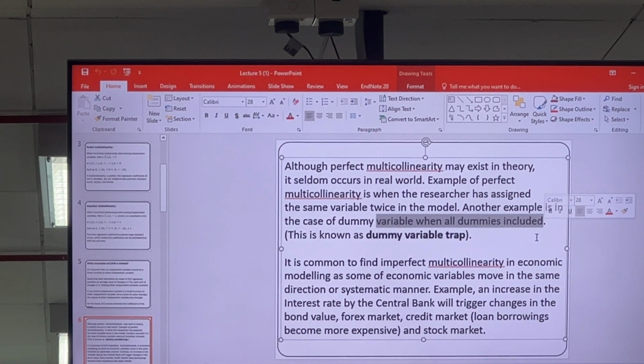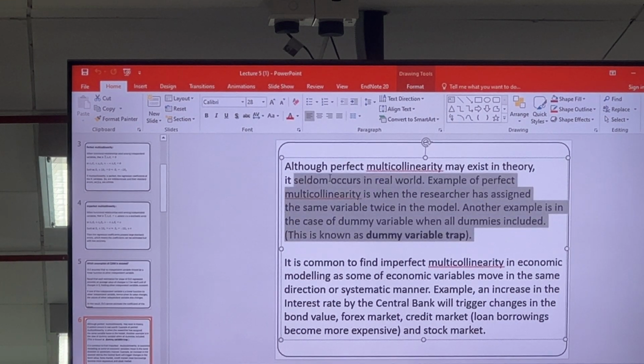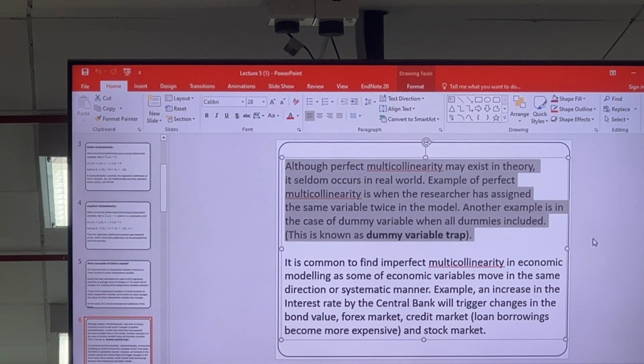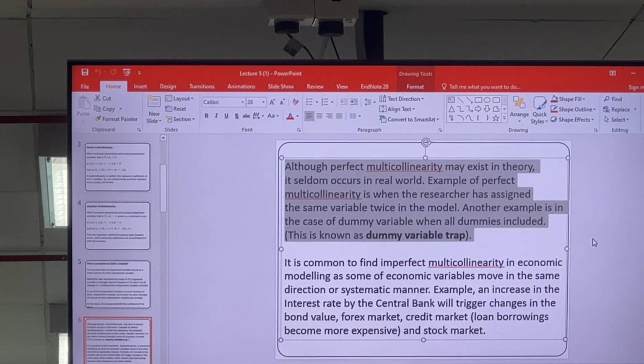If you have three, you put all three. And then you have what we call the dummy variable trap. It is possible to have perfect collinearity in this kind of situation, where exactly the same values appear in different variables.